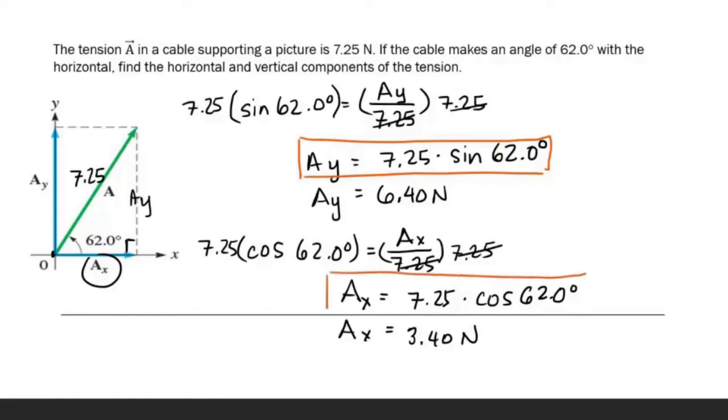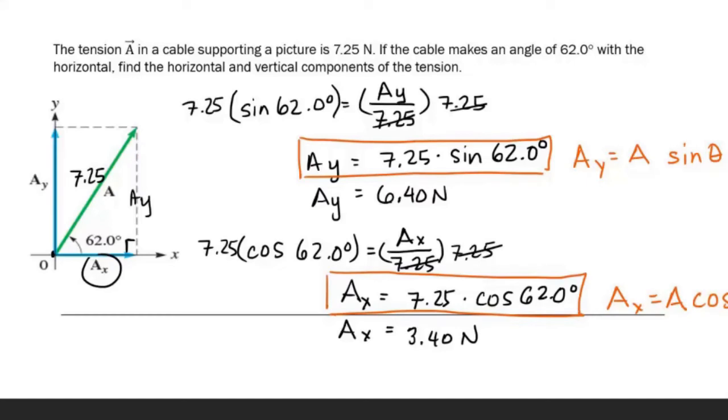Similarly, the x component of the vector can always be found by starting with the magnitude of the vector and multiplying it by the cosine of its angle. So a little more generically, we could say that A_y is the magnitude times the sine of the angle, and A_x, the x component, is the magnitude of the vector times the cosine of its angle.